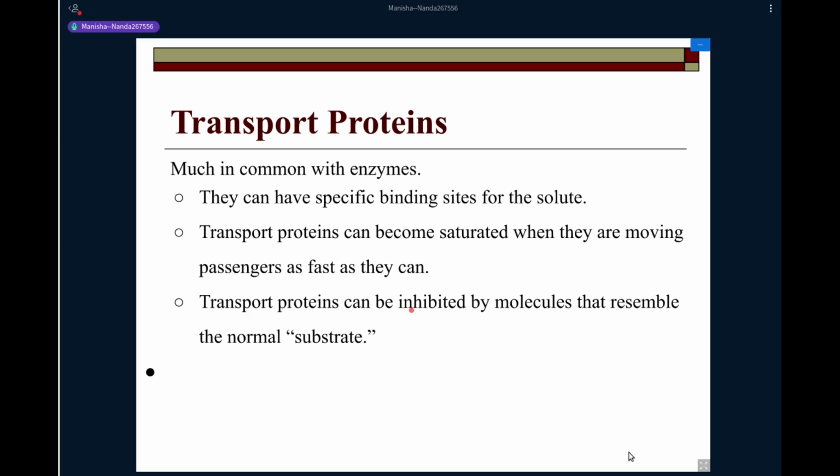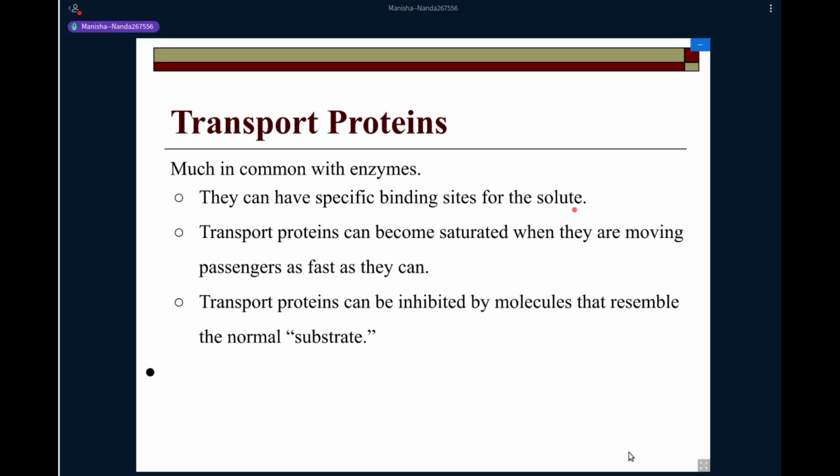So transport proteins have much in common with enzymes. Enzymes are proteins, and they can have specific binding sites for the solute. Once we had discussed the different types of membrane proteins, I told you these membrane proteins can be either channel proteins or carrier proteins, right? Channel proteins just make a passage to allow the movement of molecules across them.